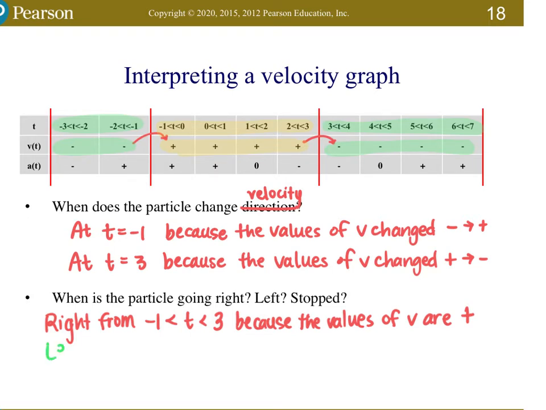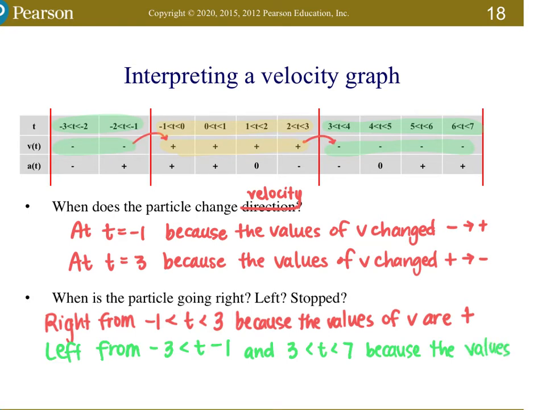And so we'll say it's going to the left from -3 until -1, and again from 3 through 4, through 5, through 6, and then all the way to 7. And then the reason is because the values of v are negative. Maybe it's better if we write the word negative.